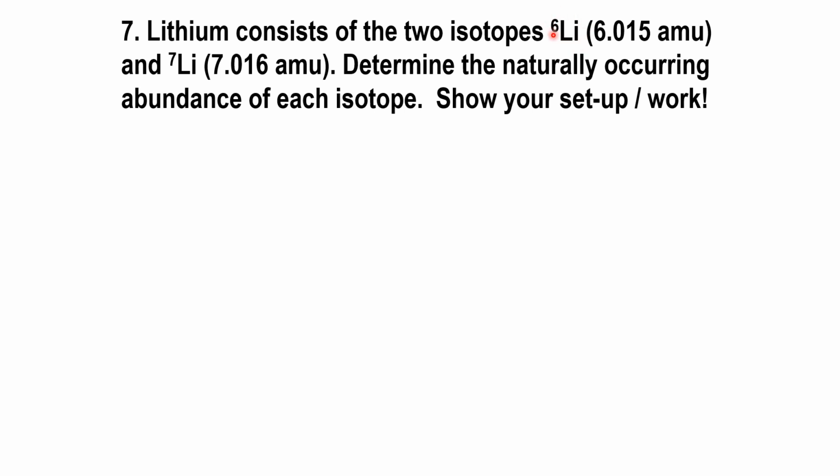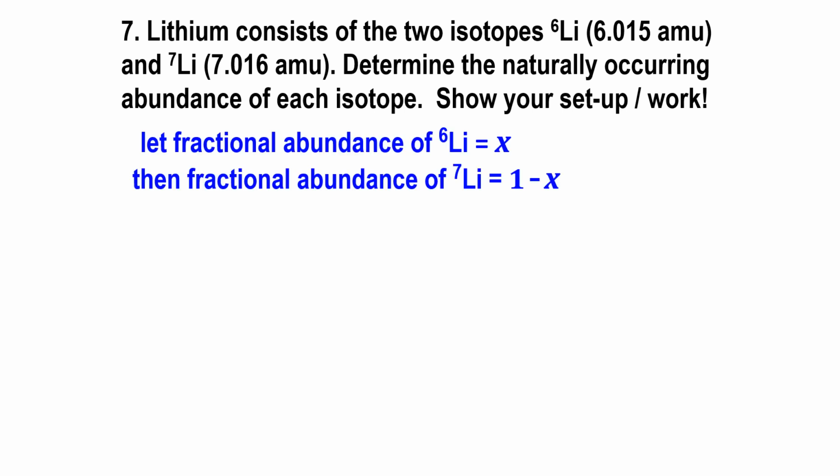So what we first need to do is to identify the abundance percentage as X. You can pick either lithium 6 or lithium 7 as your X. In our case, we're going to pick lithium 6, which is a lithium isotope with 3 neutrons, as our X. And naturally, both forms of your isotopes must add up to 100%.